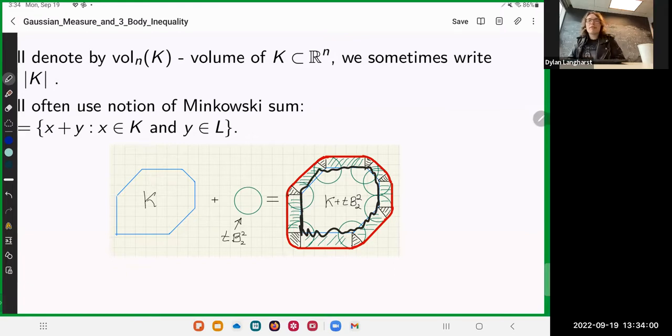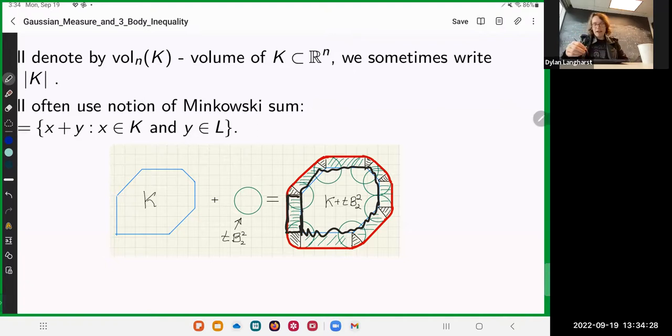Now the question is, how do I calculate the area of the curvy part? Say the radius of the ball I added is t. Then I have a whole bunch of rectangles, and I know the width of them must be t because it's the same as the radius of the ball. And the height is the boundary of your original convex body K restricted to this rectangle.